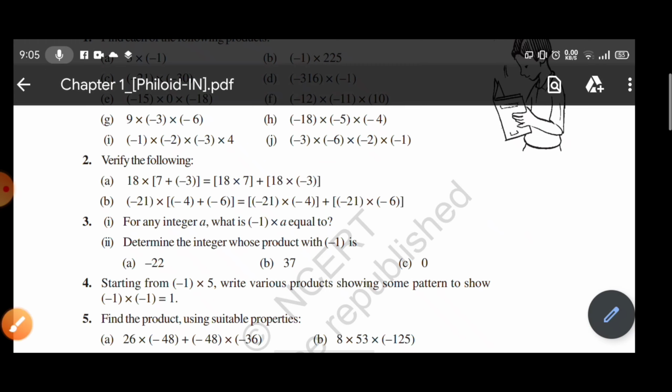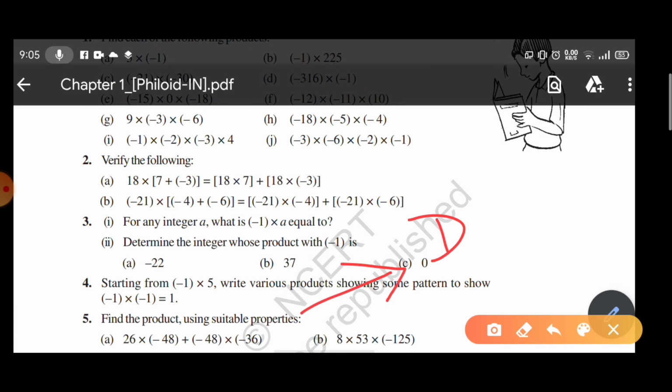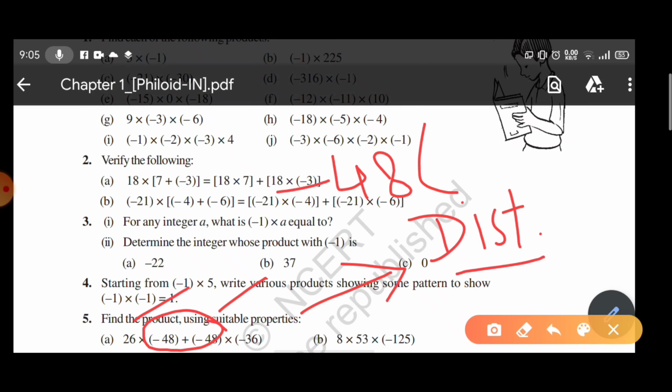Okay, so find the product using suitable properties. Using suitable properties that you have already read, for example the distributive property. So with the help of the distributive property you can solve these particular questions. Or for example here you can take out minus 48 as a common value, and in the bracket you will be left with 26 and this plus sign and this minus 36.